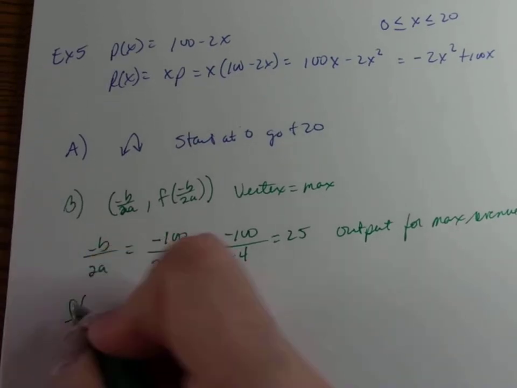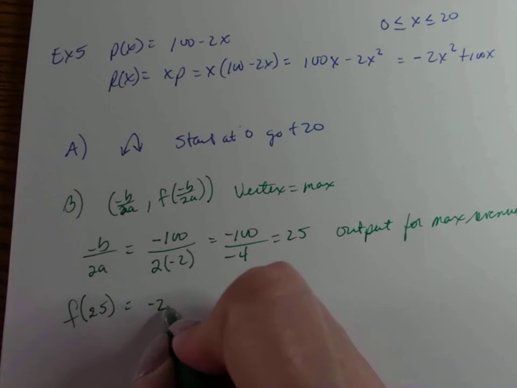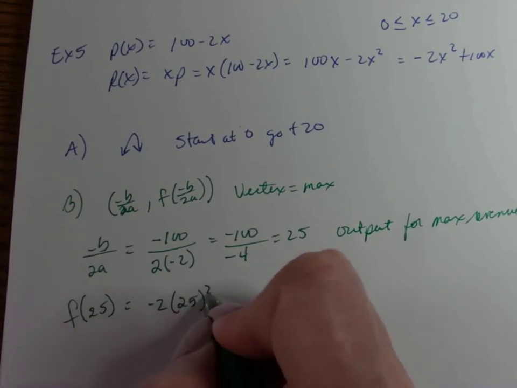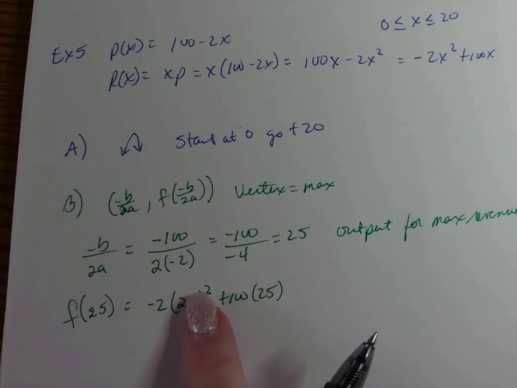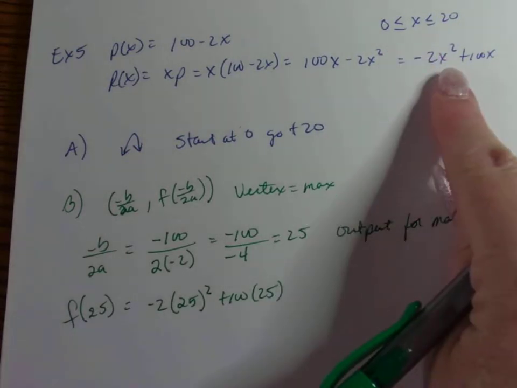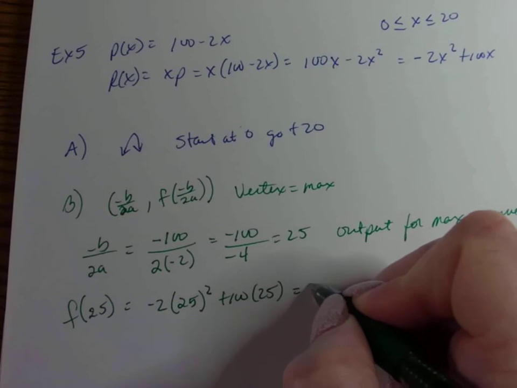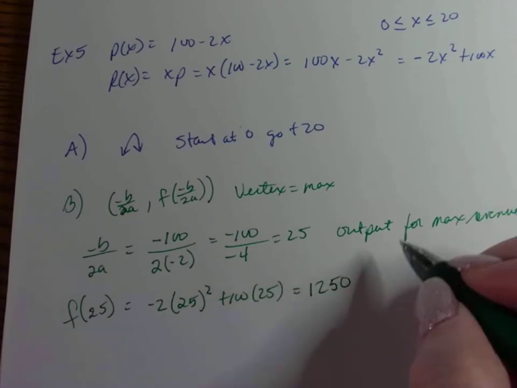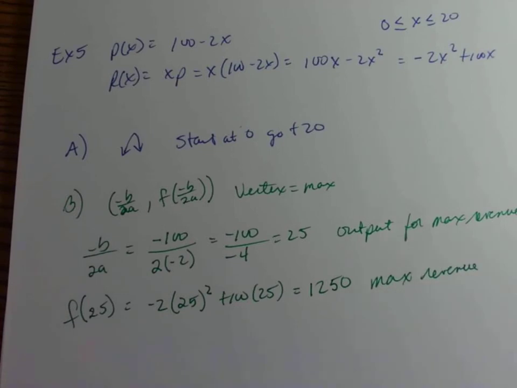Then we're going to find the function at 25 equals negative 2 times 25 squared plus 100 times 25. All we're doing is plugging this x value into our formula. So when we plug that in, we'll get 1,250. So this is our max revenue.